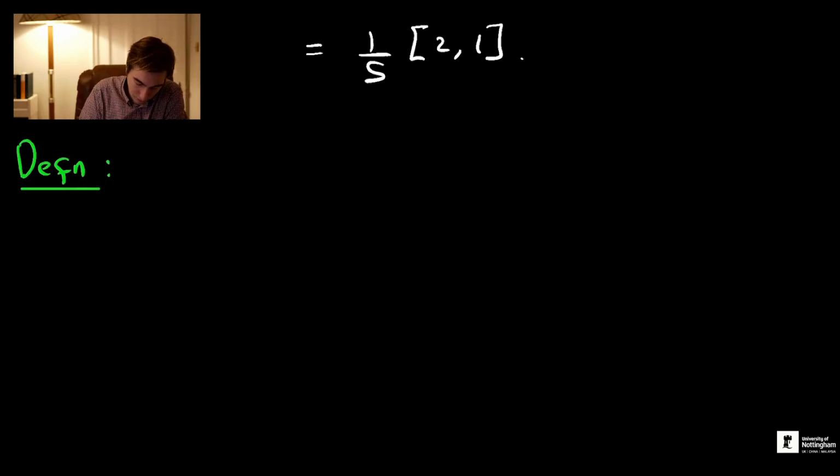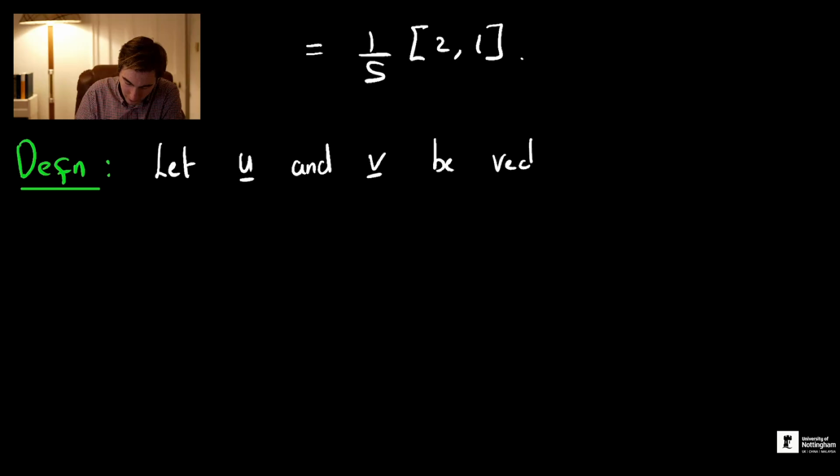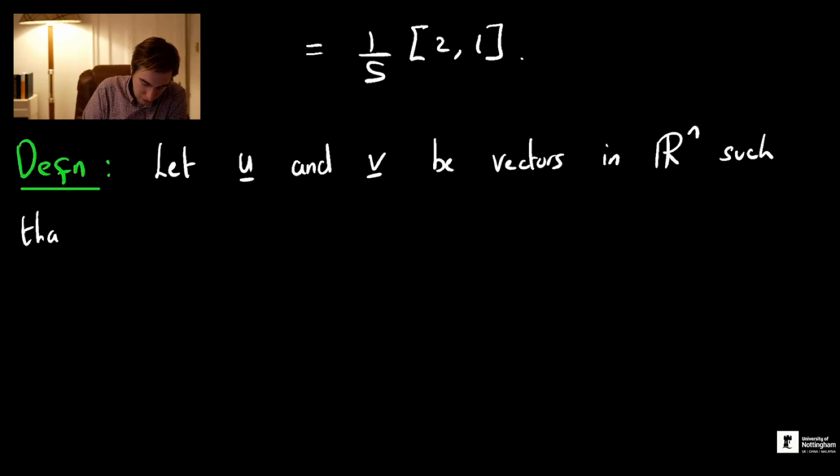As before, we let u and v be vectors in Rn. And because we want to define the projection, we need u to be non-zero, or not equal to the zero vector.